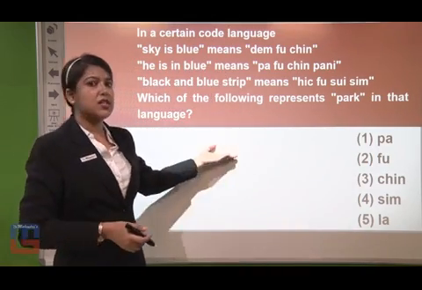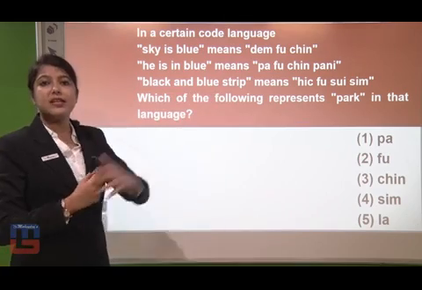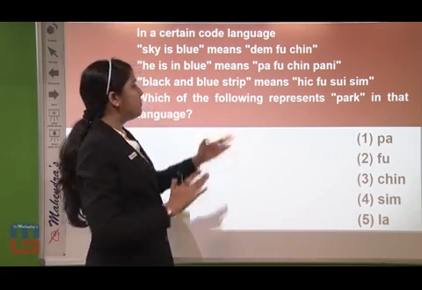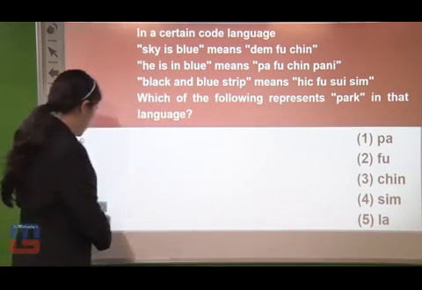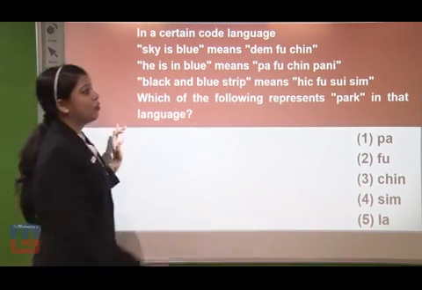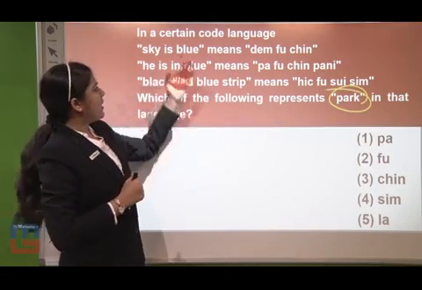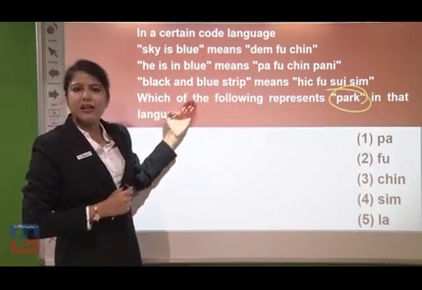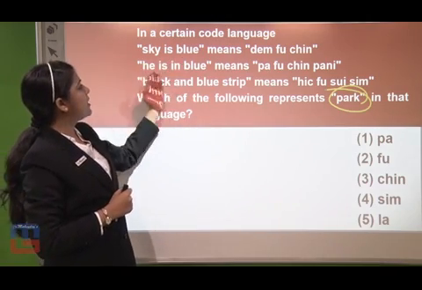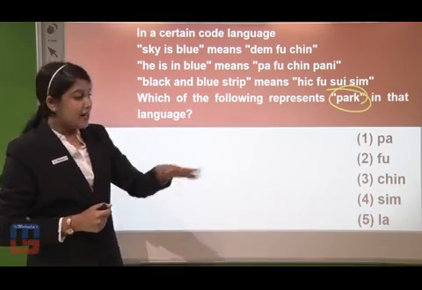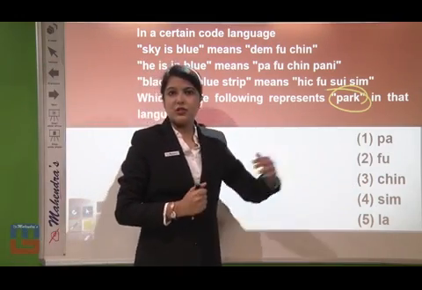Now again a question for substitution, or we can say the word part of coding, phrase part of coding. Here you have to find the code for park. Just focus upon the conditions. Is there any park written? Here it is: sky is blue, he is in blue, black and blue strip. No park is given, and in the options none of these is given either.